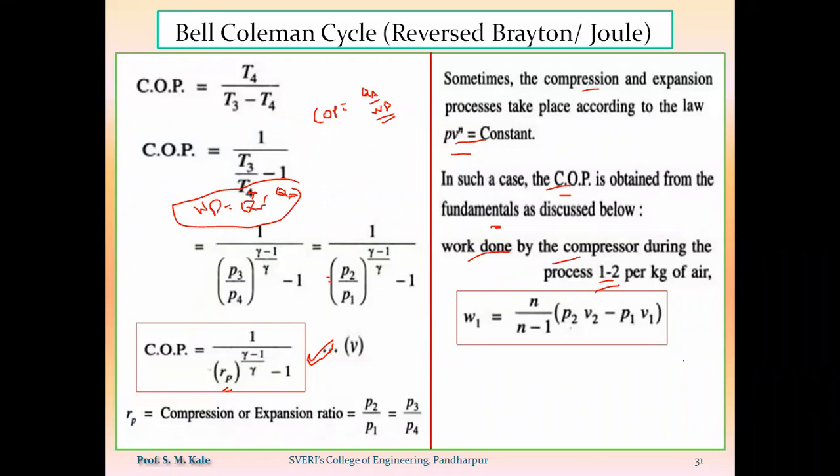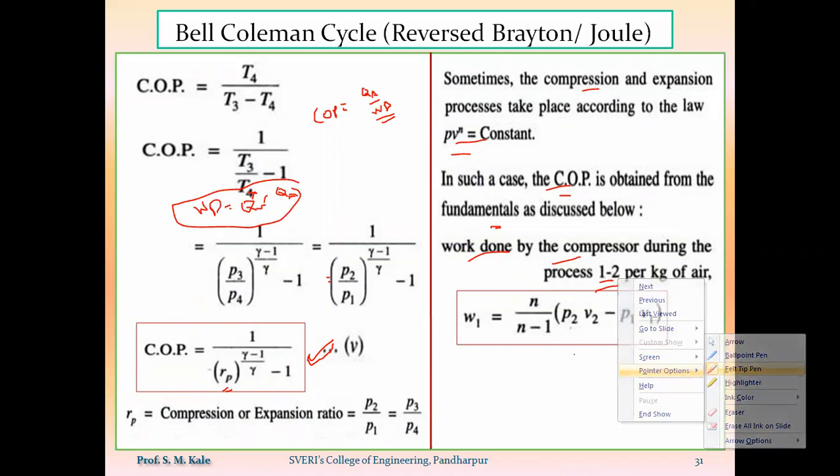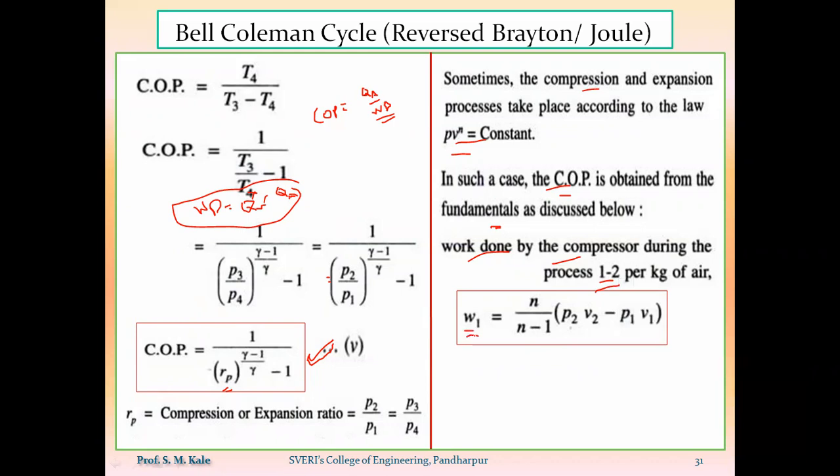Work done on the compressor during the polytropic process will be calculated by using the formula n upon n minus 1, and inside the bracket, P2 V2 minus P1 V1. Are you getting? So this is the formula to calculate the work done on the compressor in a polytropic process.